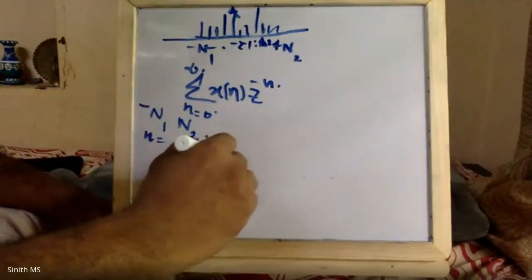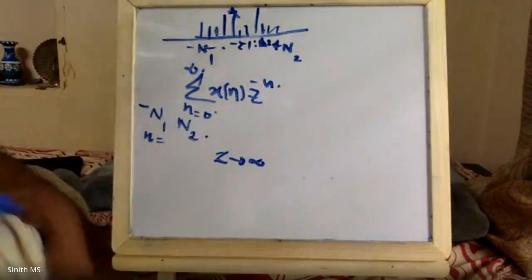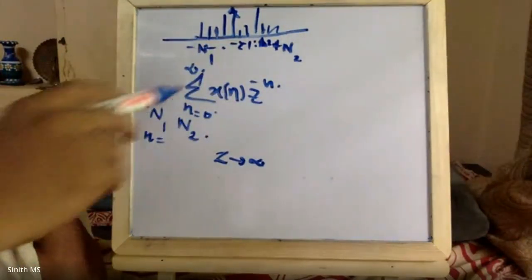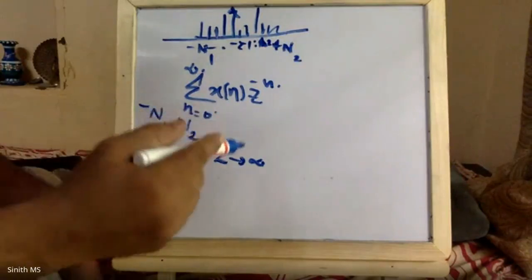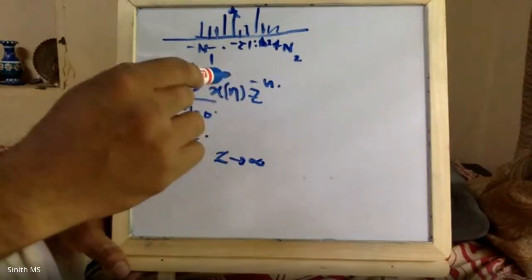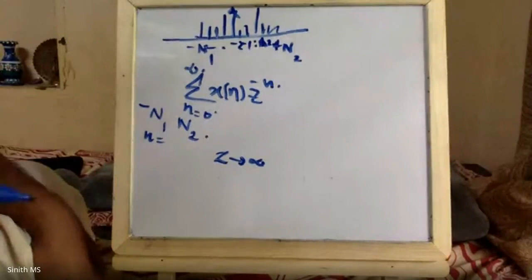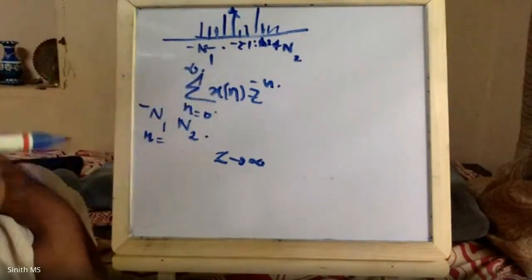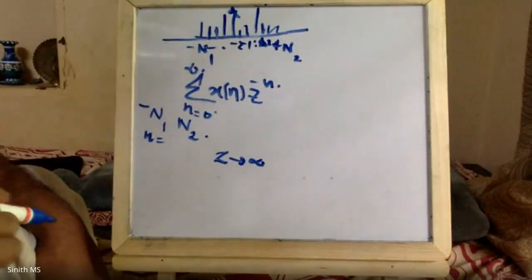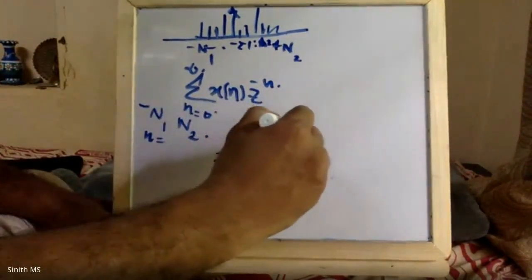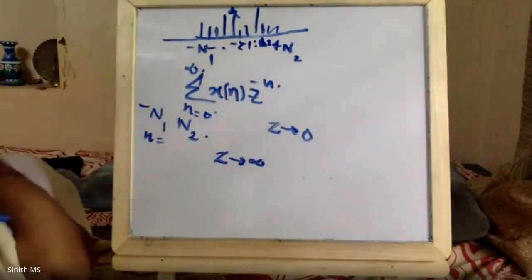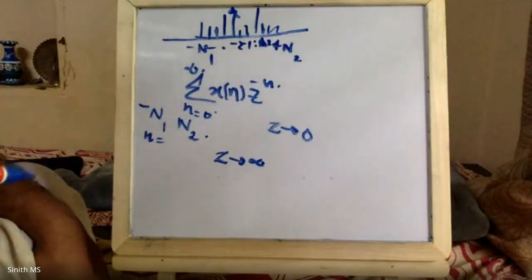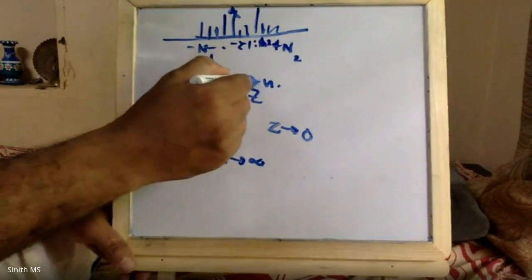What happens when z tends to infinity? As z tends to infinity, 1 by z raised to n will tend to infinity for positive values of n, and hence will not converge. Similarly, suppose z tends to 0, this will tend to infinity for negative values of n.